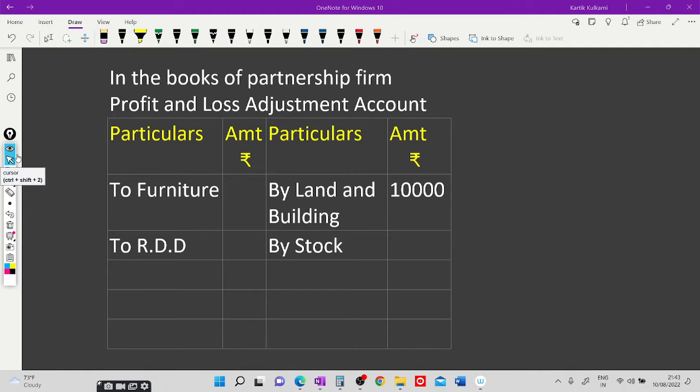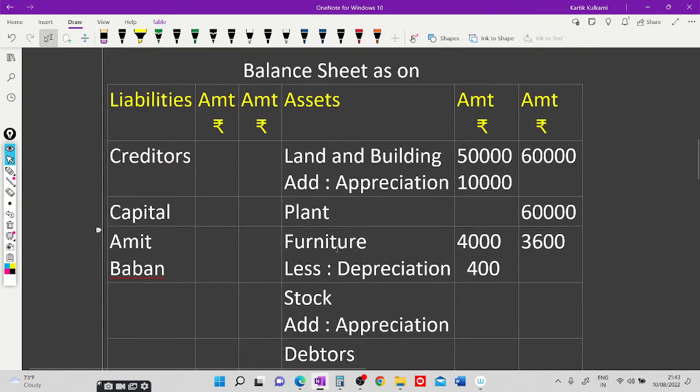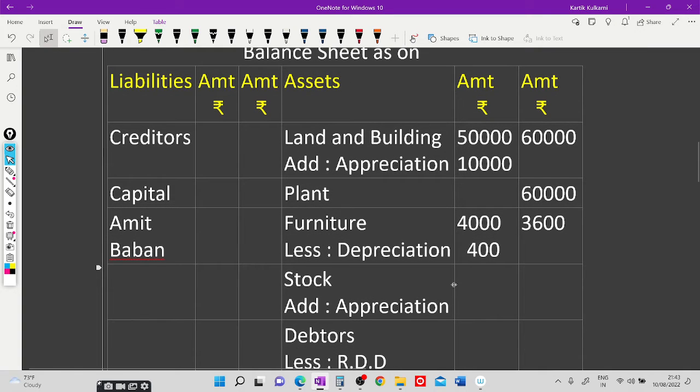So on the debit side of the profit and loss adjustment account, in the particular column we will write the name of the account which is credited, that is to furniture account. And in the same way here we have reduced the value of the furniture by 400.